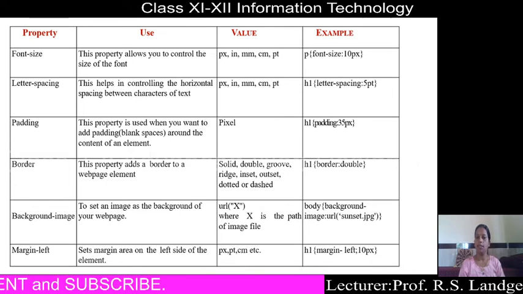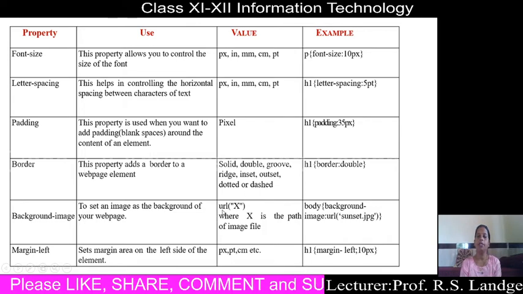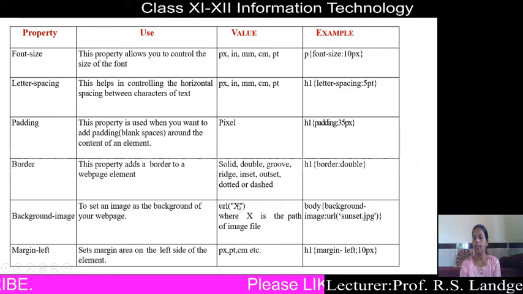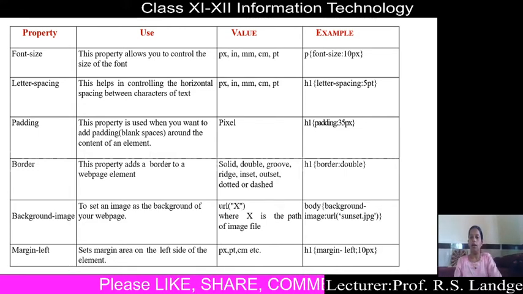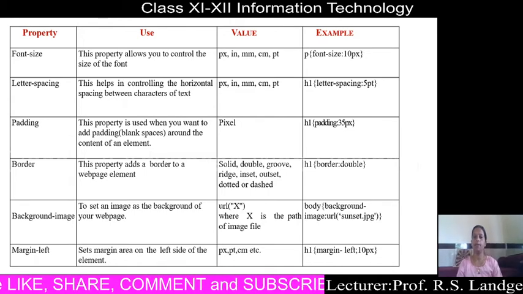It can be added as the background of the whole web page, or for a specific paragraph or specific table. Its value will be URL. Inside round brackets we have to write the path of the image, inside single quotes, meaning the path of the particular image file.